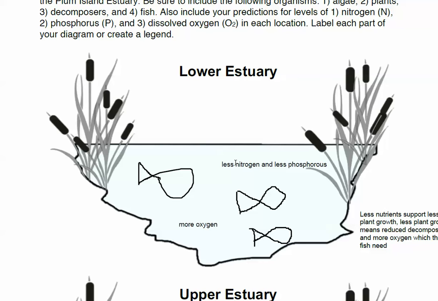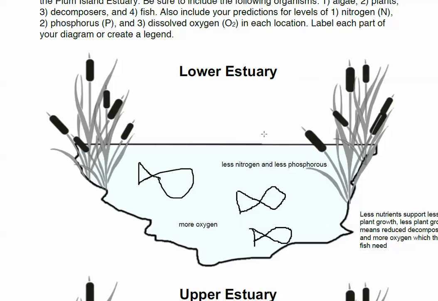And with less runoff, like in the lower estuary in this situation, we would expect less nutrients. And the big nutrient polluters in aquatic ecosystems are going to be nitrogen and phosphorus. When there's not a lot of nitrogen and phosphorus, there's not excessive plant and algal growth.